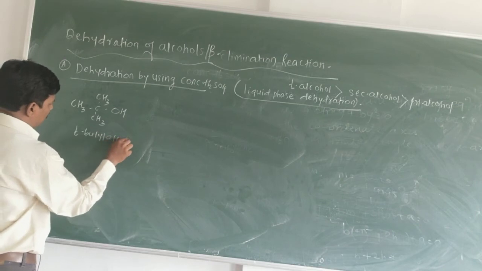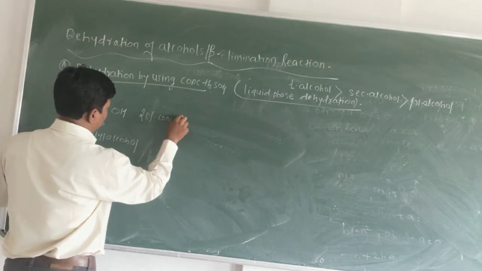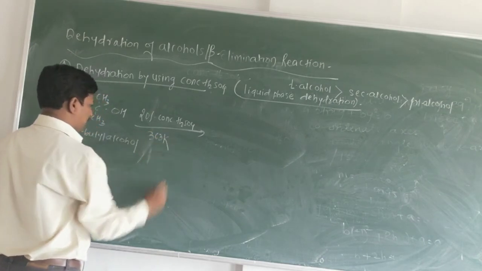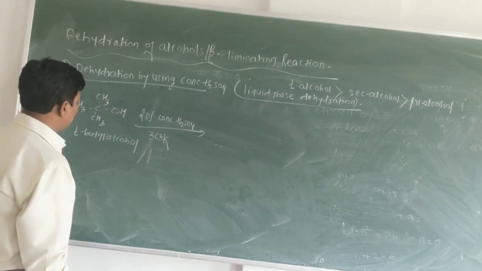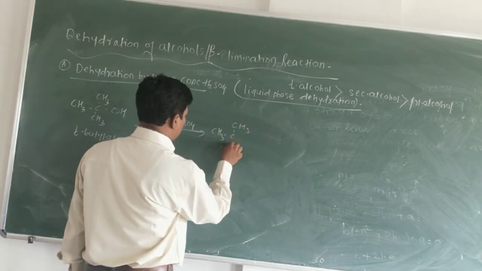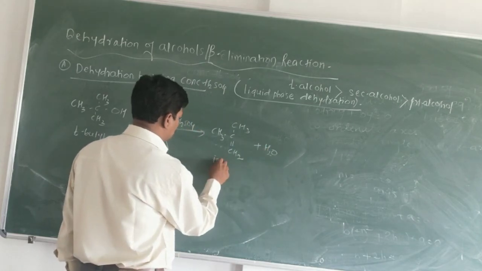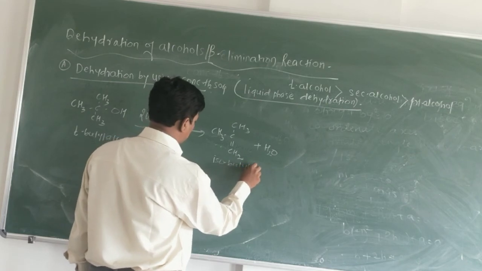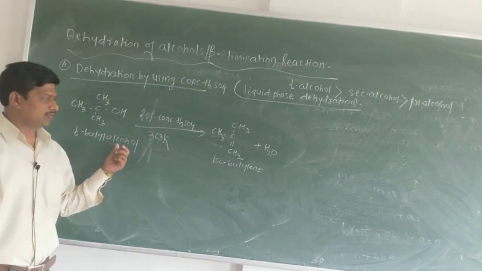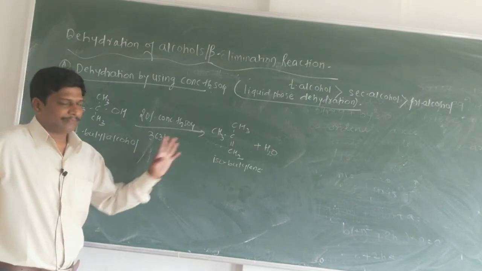Now this tertiary butyl alcohol reacts with 20% concentrated H2SO4 at 363 Kelvin temperature to form the product CH3, C, CH3 double bond CH2 plus H2O, and this obtained alkene is known as isobutylene. The reaction is like this: when tertiary butyl alcohol reacts with 20% concentrated H2SO4 at 363 Kelvin, it forms isobutylene.